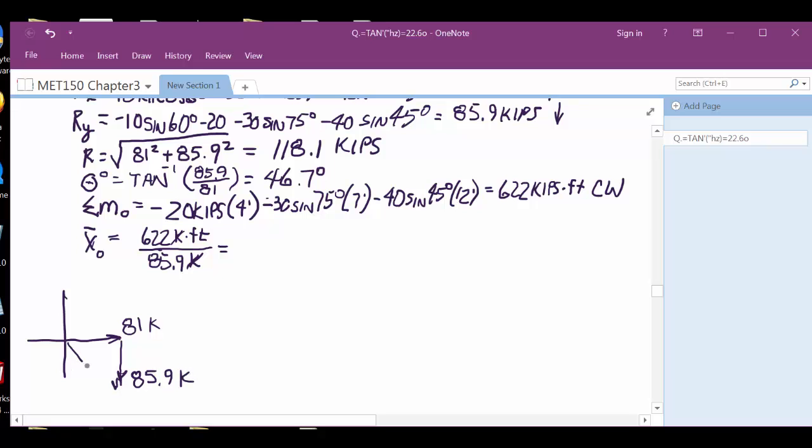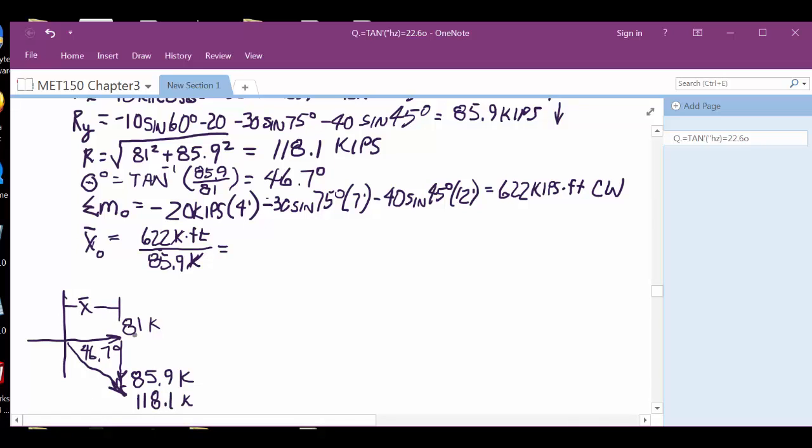The resultant vector is this right here, right? Which turns out to be 118.1 kips. And this angle was 46.7, right? So what we're trying to find is this distance right here.